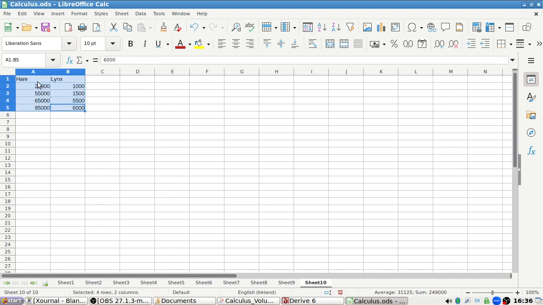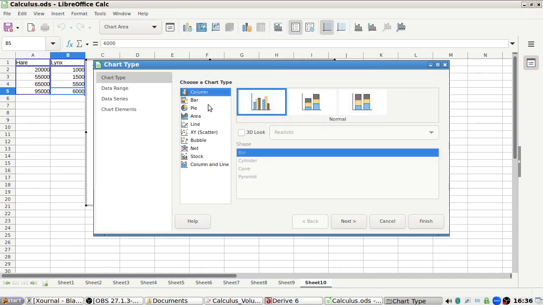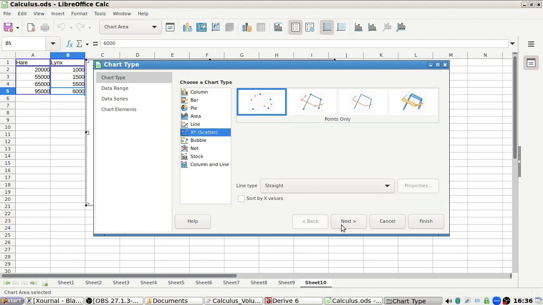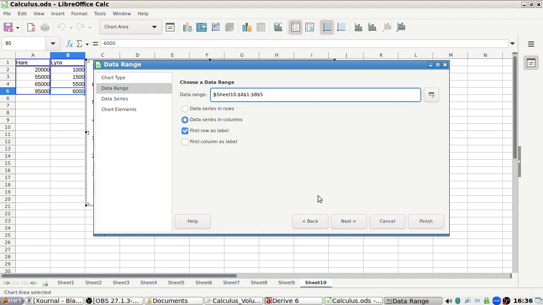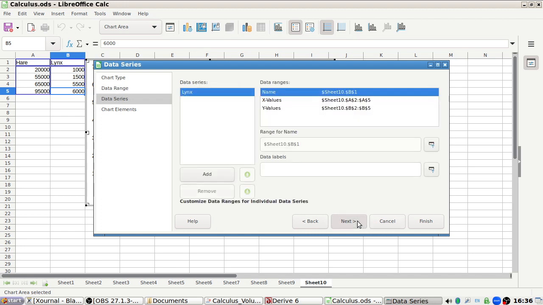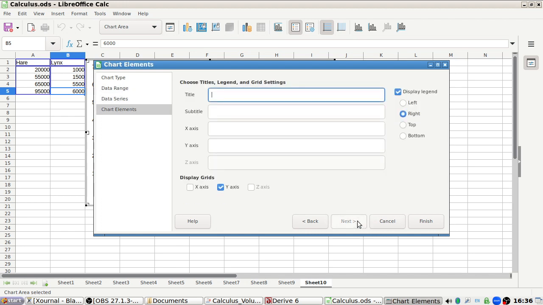Okay, let's scatter plot. Lynx versus hare population, I guess.